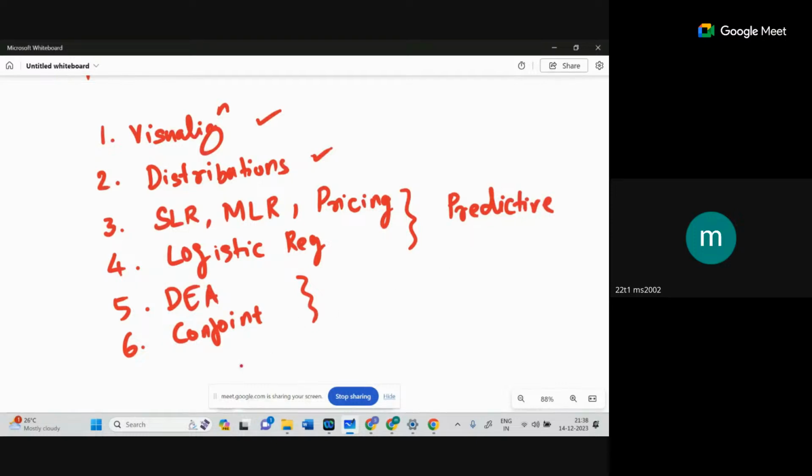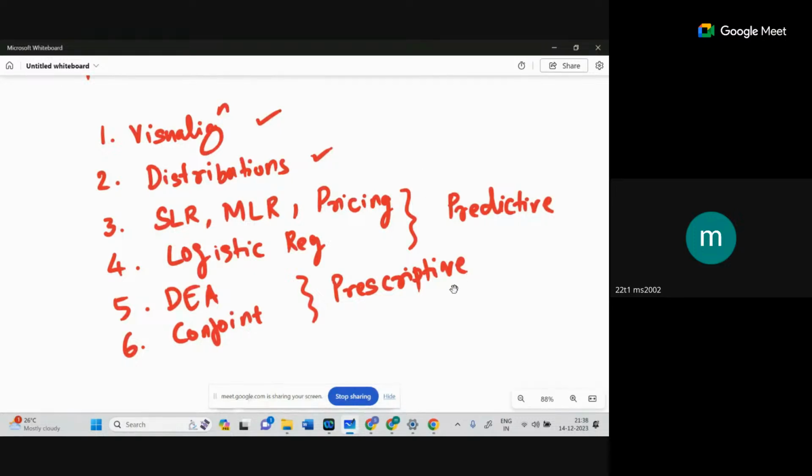And when it comes to DEA, we are prescribing something. So these are predictive models, these are prescriptive models. If there is an inefficient business unit, how do you make it more efficient? Rather, you're giving a recommendation, a prescription to make something optimal. Therefore, DEA and conjoint come under the umbrella of prescriptive analytics.